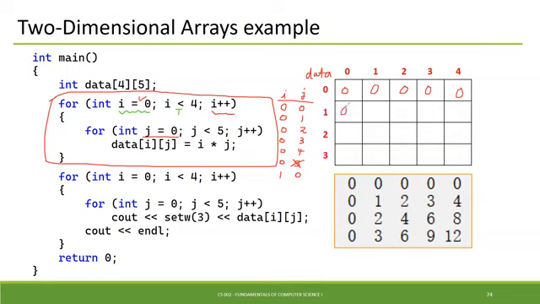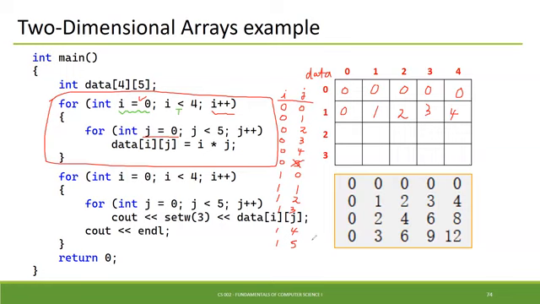Do you understand what's going on here? i is 1, j is incremented by 1. 1 times 1 is 1. j becomes 2, 1 times 2 is 2, right? In this way, 1 times 3, 1 times 4, will be saved here.